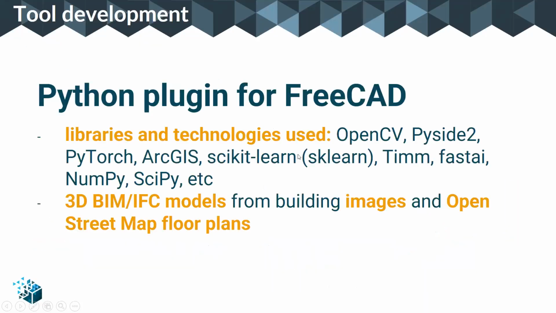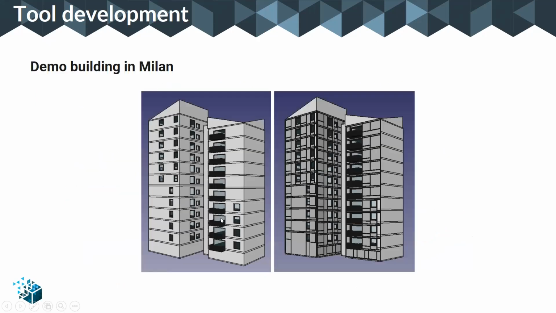For that purpose, we are using different technologies and libraries. We were using FreeCAD as a visualizer, but we are changing now to other visualizers. Basically, now we are generating JSON codes, and these JSON codes we can visualize anywhere, and by creating IFC files.